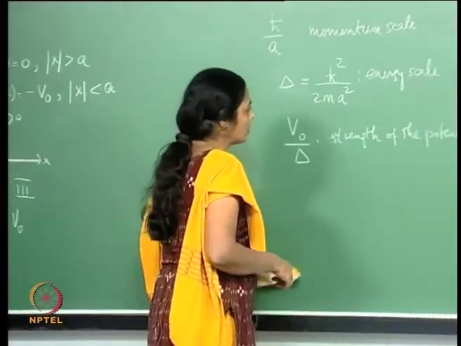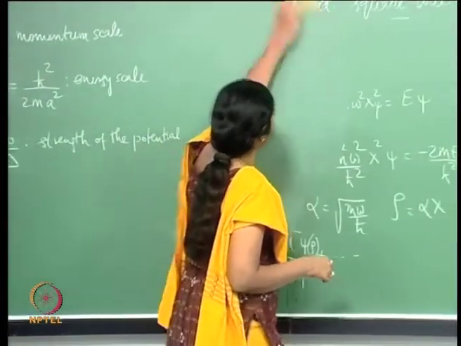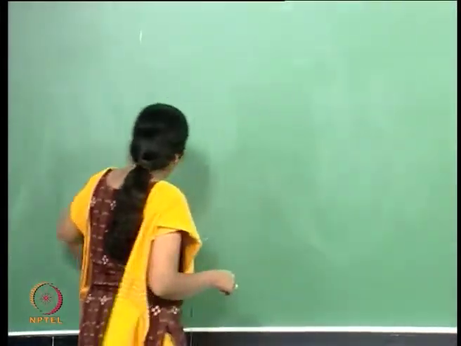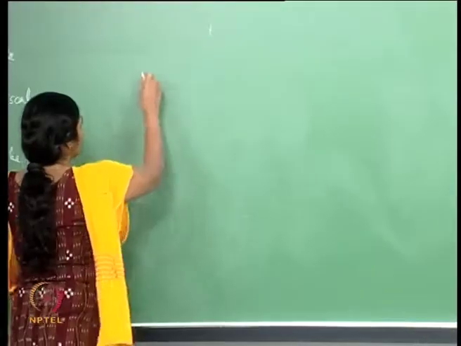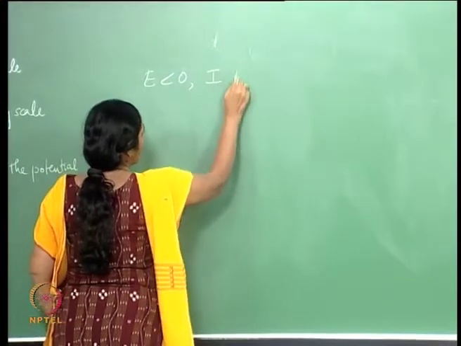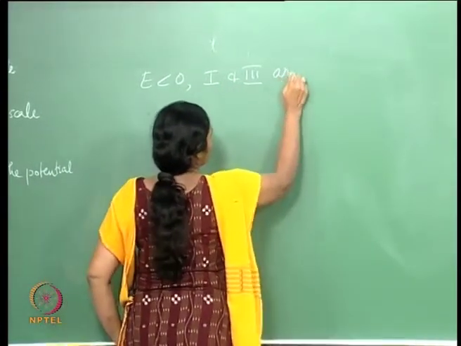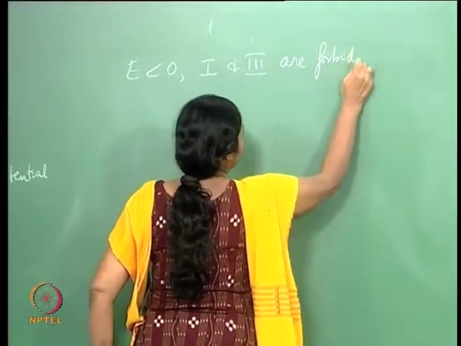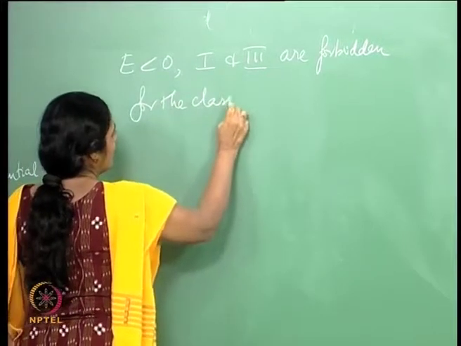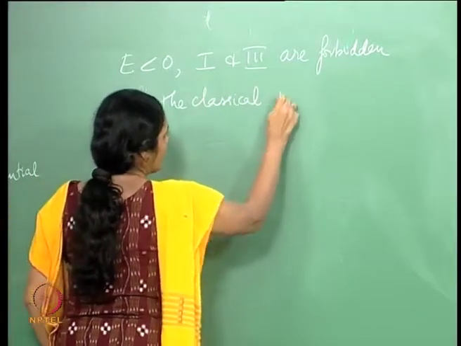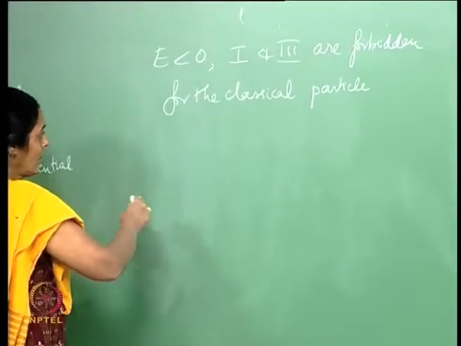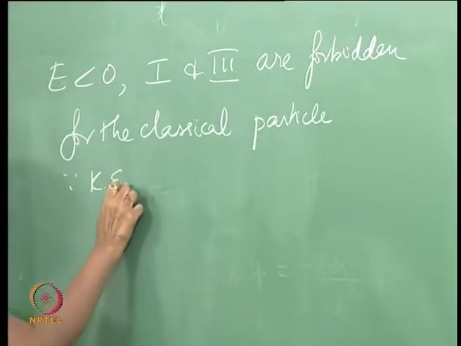So let me just put down this point. There are therefore two cases, the total energy greater than 0 and the total energy less than 0. Now if E is less than 0, regions 1 and 3 are forbidden for the classical particle, which was initially inside the potential well, classical particle of mass m, because kinetic energy cannot be negative.